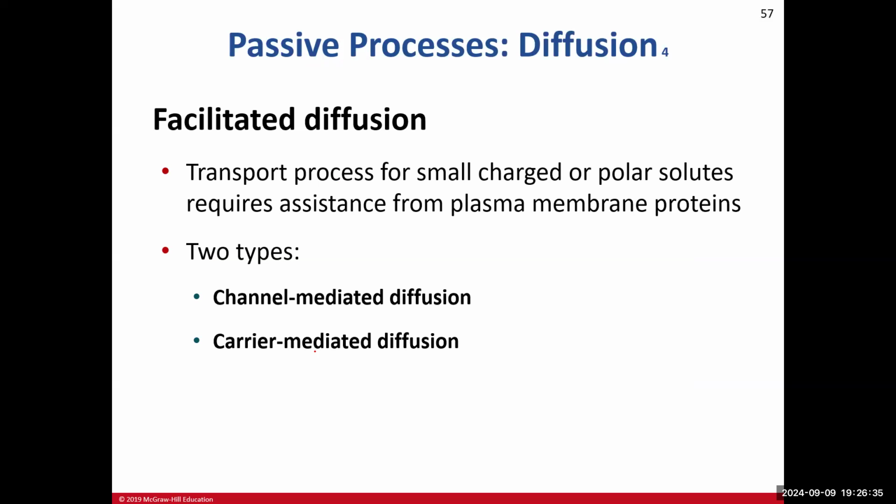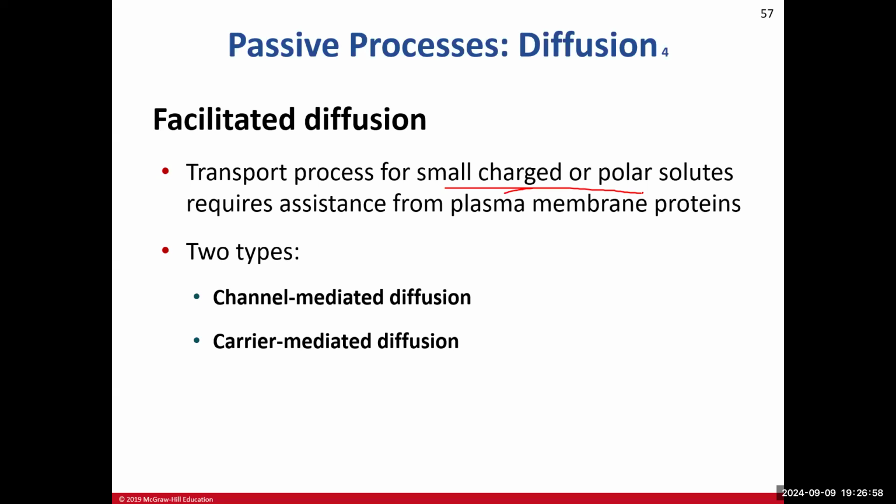So sometimes we have to help things out, right? We have to engage in facilitated diffusion. And this, again, is for things that aren't necessarily small and nonpolar, maybe they're small, but maybe they're charged or they are polar, like an ion. So we have to help it.